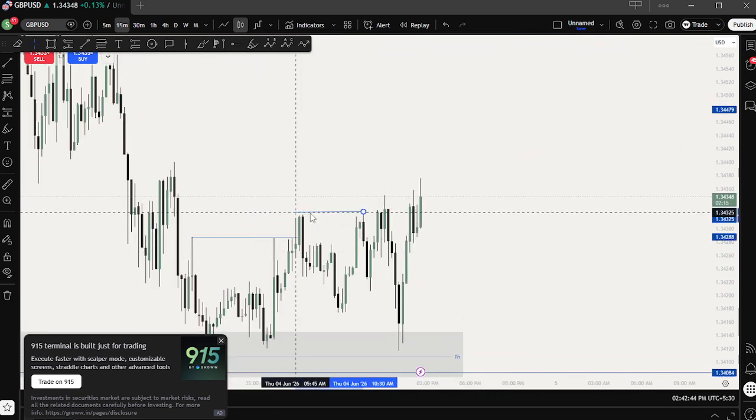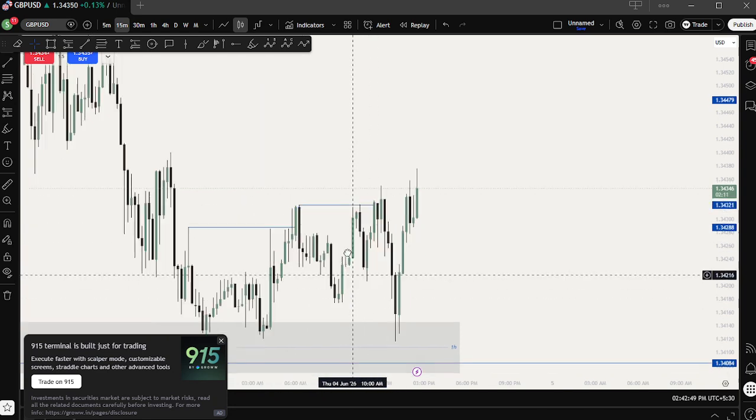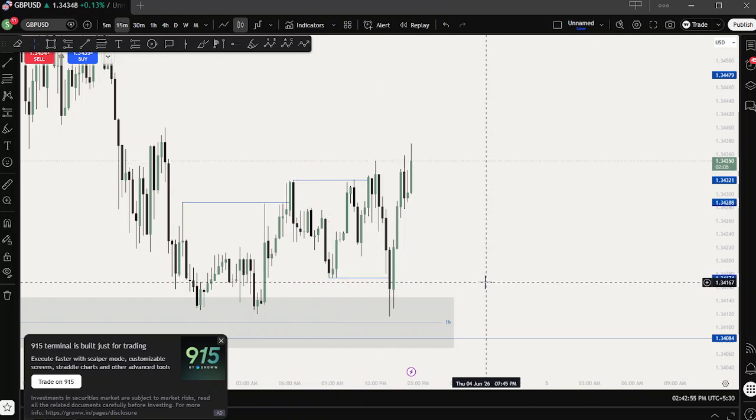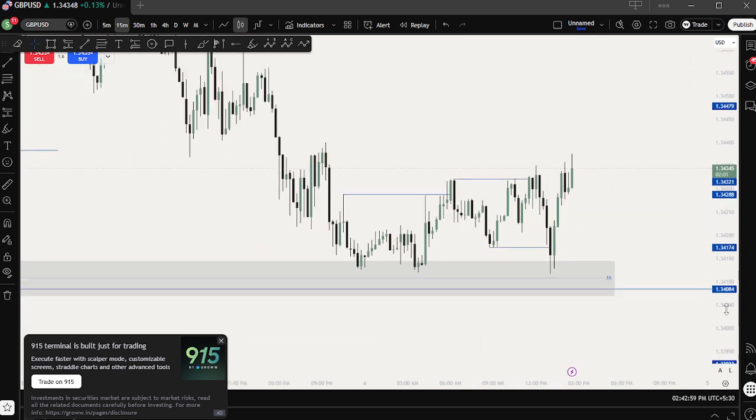So what happened after that? We had a breakout again, followed by another breakout. Oh, I see an amazing setup right here, by the way. So what happened?